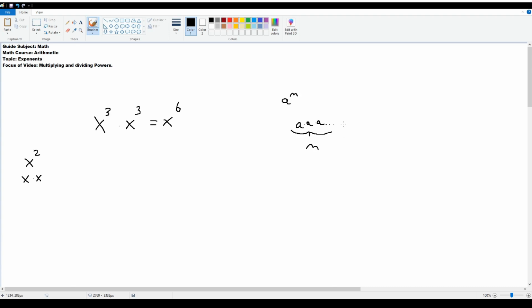To make this simpler, if we have 2 to the third, that's 2 times 2 times 2, 3 times. You see? The a times a times a m stuff is not something you need to know right now to understand this. This is just me going more into depth about what the formula really is and how you'll see it later on in math.